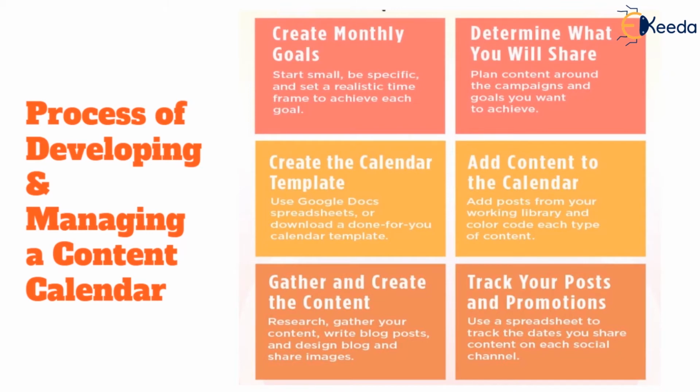So you can see weekly as well as monthly activity in one glance. So use these spreadsheet tools to organize your calendar. You can create your own template. You can also download readily available templates.